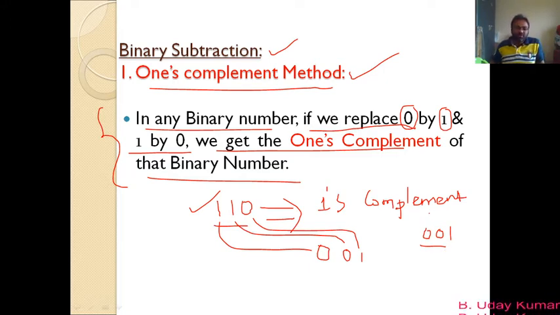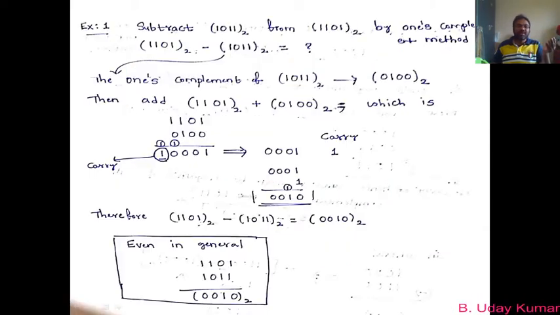Now we will use this one's complement method to subtract one binary number from the other. So how to do that? There are proper steps that you have to follow, and those steps can be understood with the help of an example. For your better understanding, I am taking an example here. Remember, these are the examples that I am going to take even for the two's complement method.